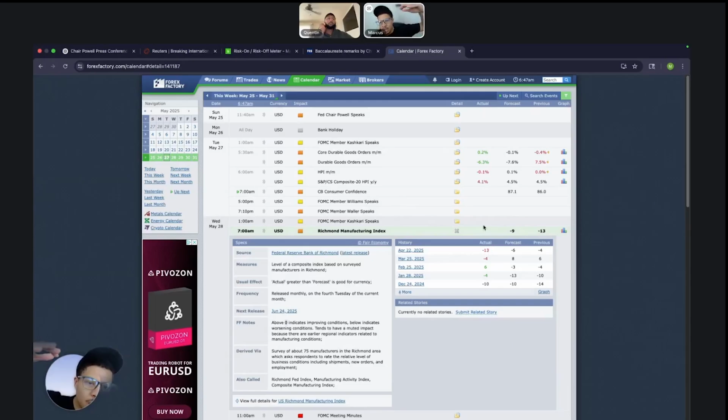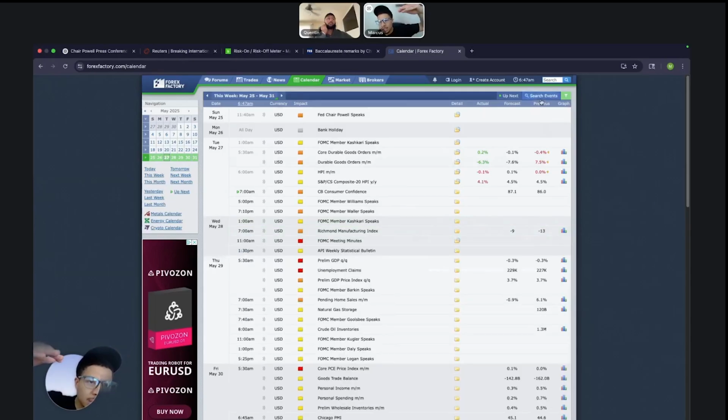And so the forecast has projected an improvement, going from a negative 13 to a negative 9, which is still in poor conditions, but they're improving because they are going towards zero, which if we can get above zero, that's going to confirm improving conditions. But we can also say conditions are improving here because we are going in the right direction. I'm not even going to get into all that. But yeah, so that's the Richmond Manufacturing Index.